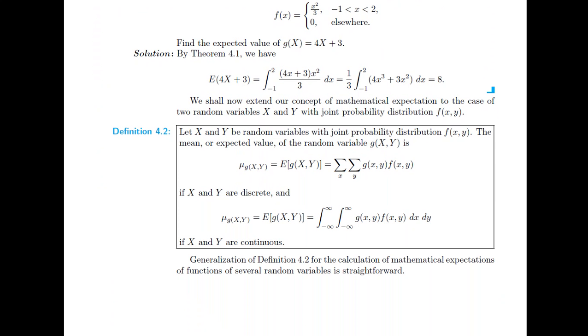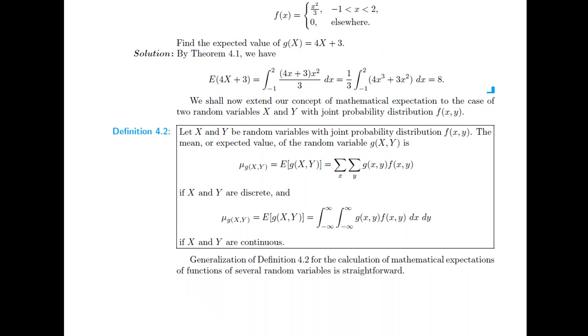The mean or expected value of the random variable g(X,Y) is μ_g(X,Y) = E[g(X,Y)] = Σx Σy g(x,y) f(x,y) if X and Y are discrete, and E[g(X,Y)] = ∫ from −∞ to +∞ ∫ from −∞ to +∞ g(x,y) f(x,y) dx dy if X and Y are continuous.